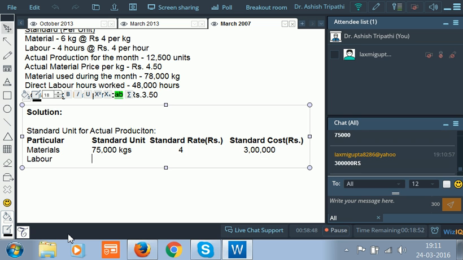Labor for 1 unit 4 hours, so for 12,500 units it will be 12,500 into 4, 50,000 hours.